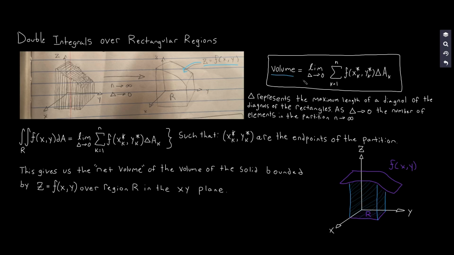So it says the limit as delta approaches 0 of the summation, where the index is 1 all the way up to some number n, of f of x sub k and y sub k times delta A sub k. And here delta represents the maximum length of the diagonals of the rectangles, and then as delta approaches 0, the number of elements in the partition starts to approach infinity or some higher number, right?